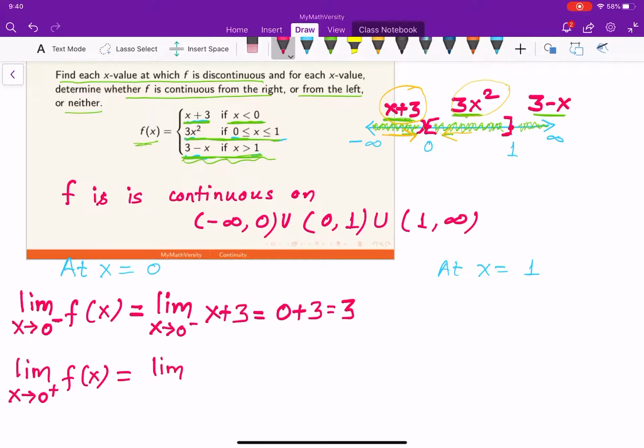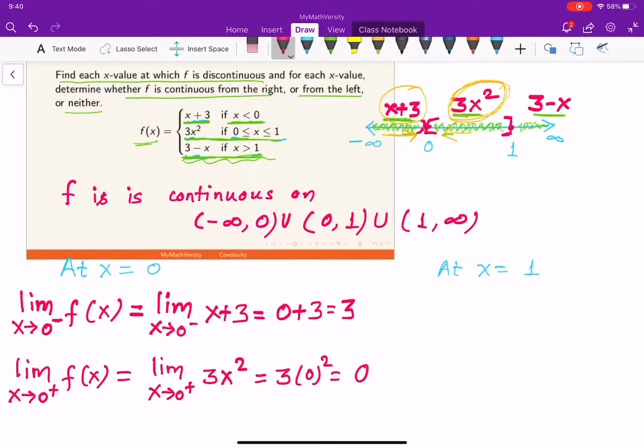Nearby 0 on the right, the function is always defined by 3x squared. So we just need to check how the 3x squared function behaves when x gets closer and closer to 0 from the right side. But 3x squared is a polynomial, so by the direct substitution property, we know how it behaves.